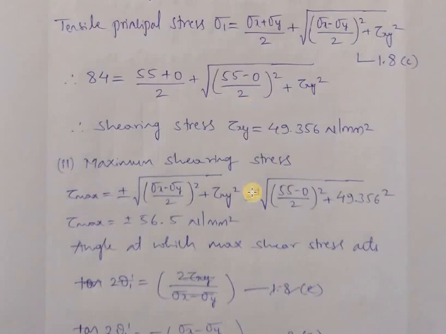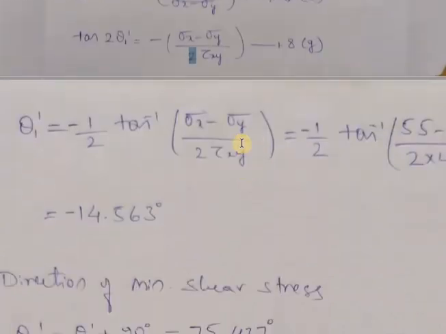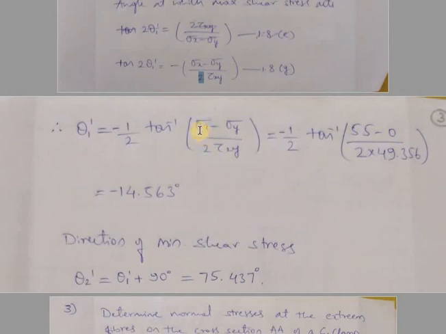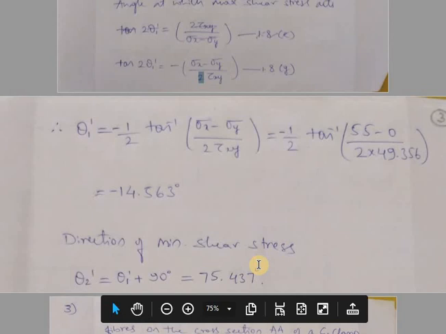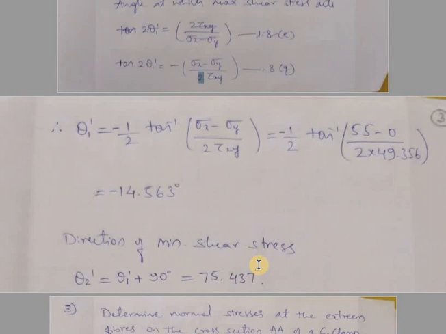Without that, only with the help of these parameters, we are finding the angle of maximum shear stress using equation 1.8b with a negative symbol, and you will get theta 1 dash. For this, you have to add 90 degrees, and there you will get the direction of minimum shear stress. So this is the solution for the given problem.